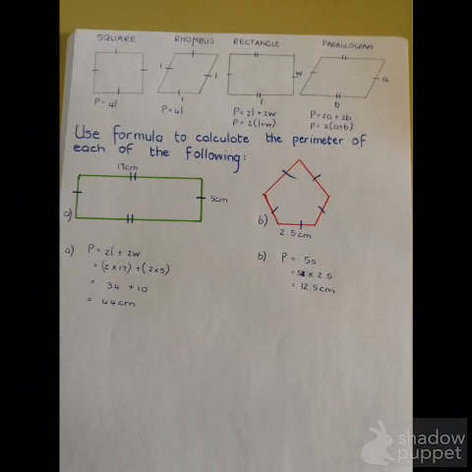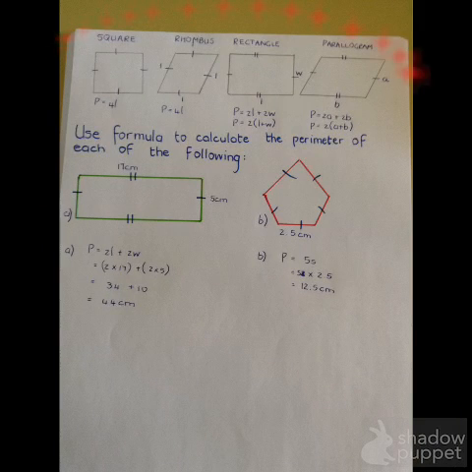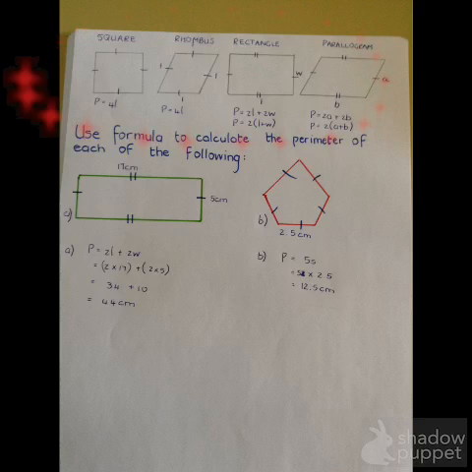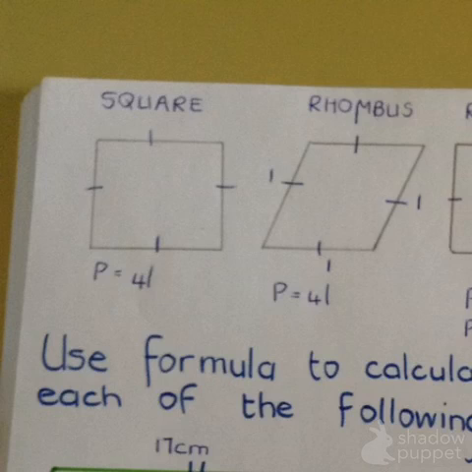All right, so I have given you a sheet, and if you could pause this now and ask me for the sheet, I want you to stick this sheet in. It tells you the square. A square has 4 equal sides, so we can see 4 equal sides there, and it's 4L, so that means 4 times the length.